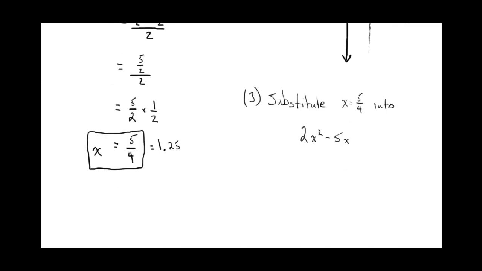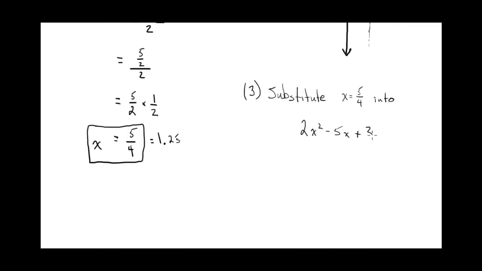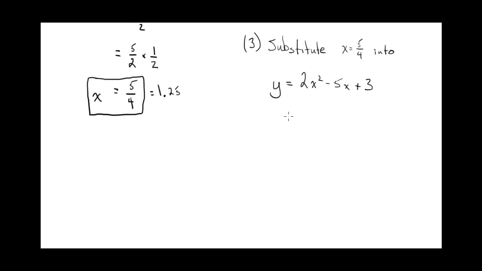I forgot already. Plus 3. That's y equals. So I'm going to put this in for x. 2 times 5 over 4 squared minus 5 times, well, 5 over 4, not 4 over 5, plus 3, and just work out what this is.